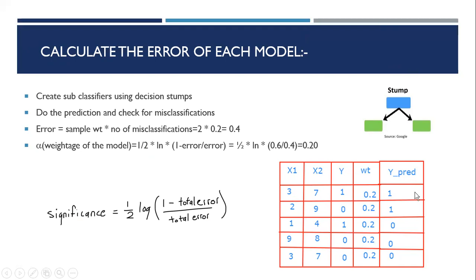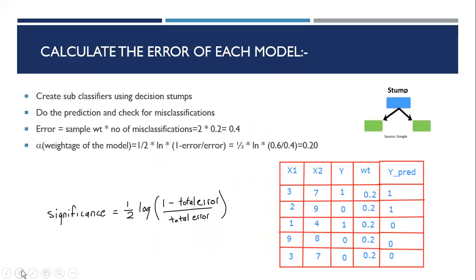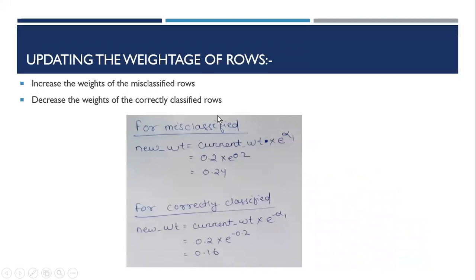Then the next step is to calculate the significance of this model, the weightage we need to give to this model, or I can say the say of this model. The formula is: significance is equal to half log of (1 minus total error) divided by total error. Next, we have to update the weightage of every row.